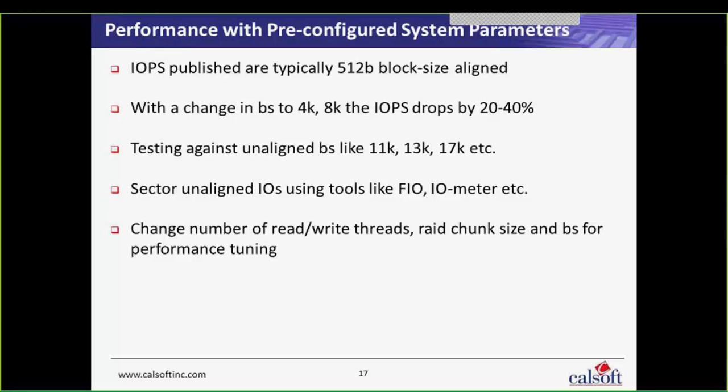What I have seen and read in IDC and different papers is that with a change in block size to 4K or 8K, the IOPS drops by 20 to 40%, depending upon the algorithm a particular flash vendor has implemented. The IOPS that we get in industry or customer environments are basically in Ks instead of bytes. So it's very important that we run such block sizes with the flash before confirming the IOPS published by the flash vendors.